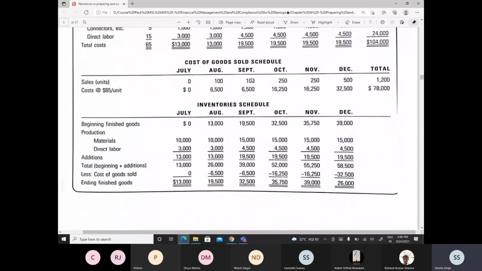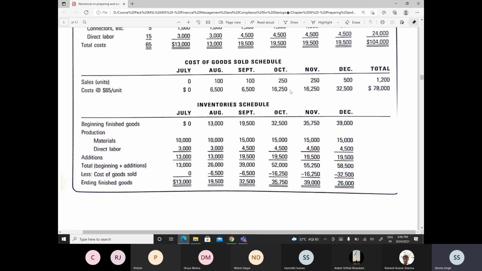Then the second part is called the cost of goods sold schedule. That is out of the production, how much did you sell each month? So in July, we did not sell anything. In August, we sold 100 scanners, and we know that the cost was 6,500 on the basis of 65 per scanner. In September, we again sold 100. In October, we sold 250.